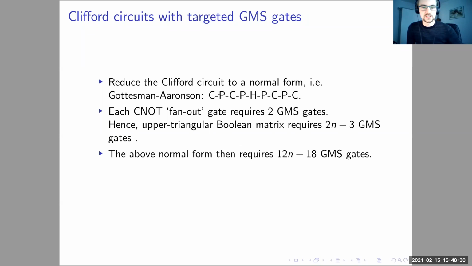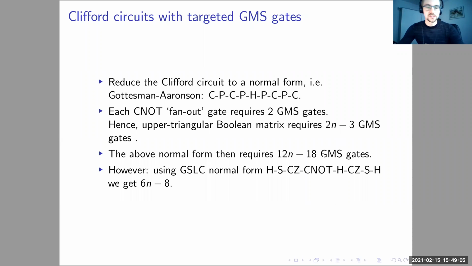One of these CNOT things is an upper triangular Boolean matrix. The other is a lower triangular Boolean matrix. And the other two are arbitrary Boolean matrices, but we can use a lower-upper decomposition. So we decompose this matrix into a lower triangular and an upper triangular, and then we synthesize these separately. So this is 4 of these upper triangular stages, and that requires 4 times these 2n-3. Gives you 12n-8.